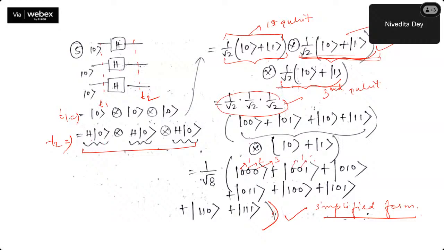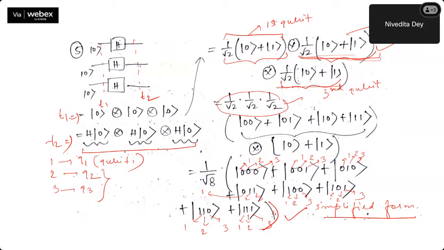First, second, third. Similarly, 1, 2, and 3, where 1 represents Q1 or qubit 1, 2 is for Q2 or qubit 2, and 3 is for Q3 or qubit 3.